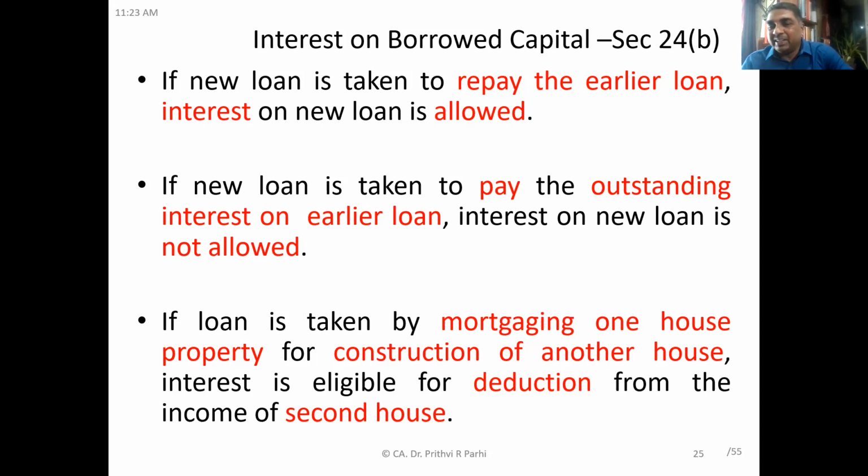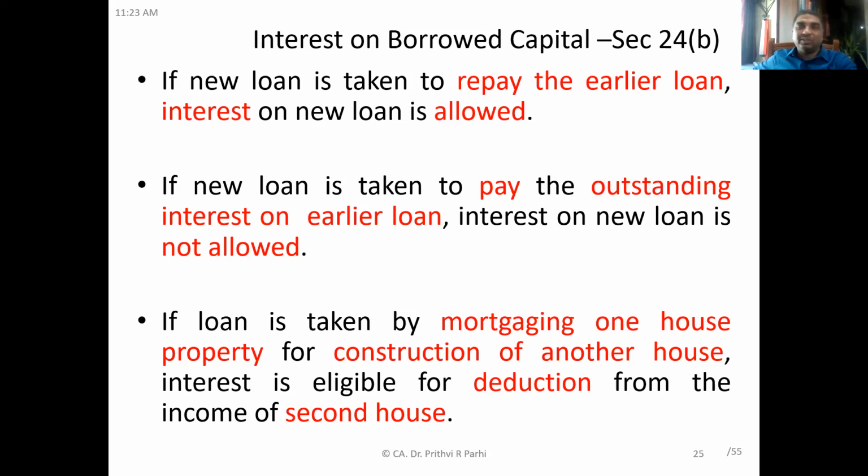Loan taken by mortgaging one house property for construction of another house: interest is eligible for deduction for the second house. So one house property is mortgaged, and a loan is taken for construction of another house. So from the gross annual value of the other house, whatever loan interest is paid, that will be allowed as a deduction.